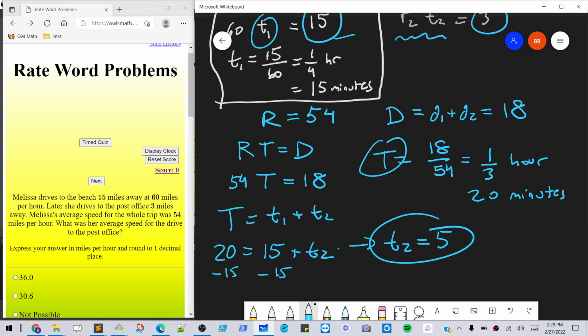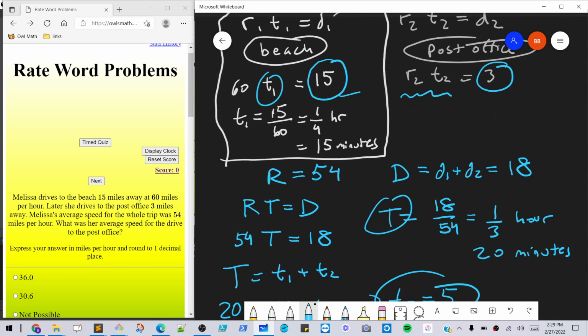And now we've actually solved everything except for the rate, because we have our 5 here. All we need to know is the average speed for the drive to the post office. And so coming back here, we have R2 times 5, and this is minutes.